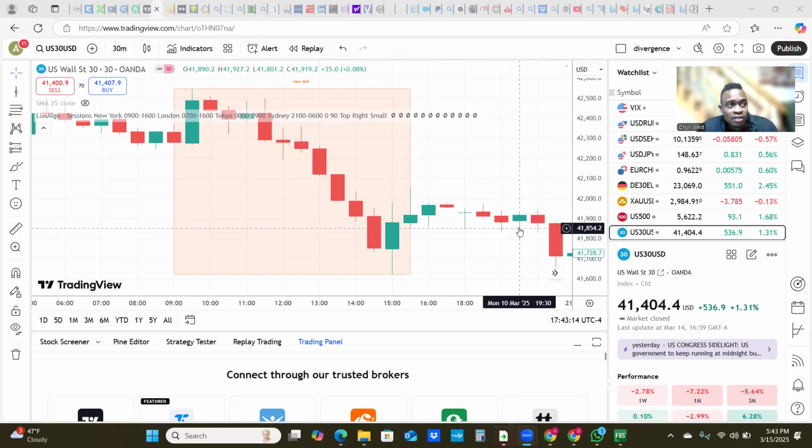So, like I said, we shoot to target 150 pips per signal that we get, and our stop loss will also be 150.